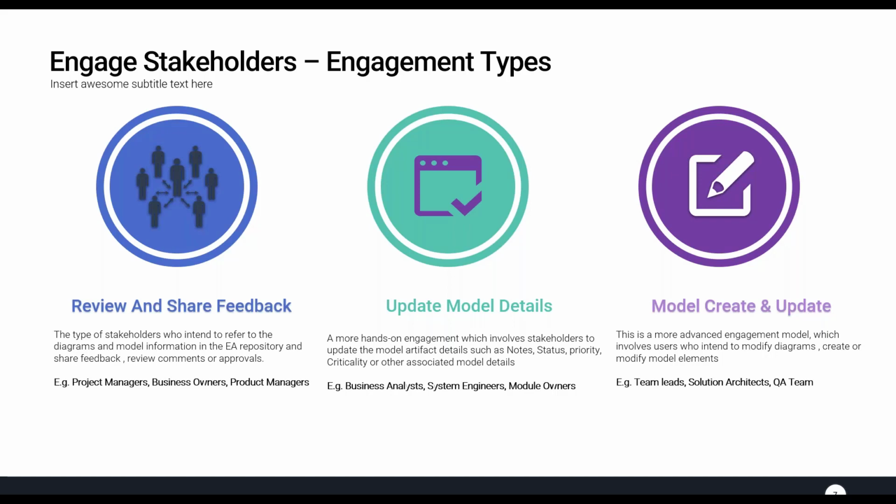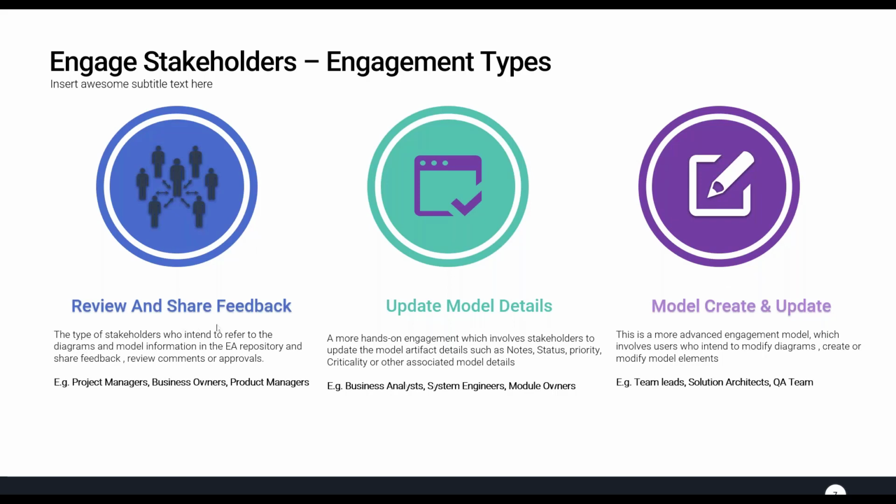So the end users, or the last people in the line who just want to look at the diagram, could use any of these mediums, so Confluence or SharePoint. But people who really have to interact with the model, who have to interact with the modelers, give active feedback, and make sure the model is refined as per their expectation, will have different engagement types.